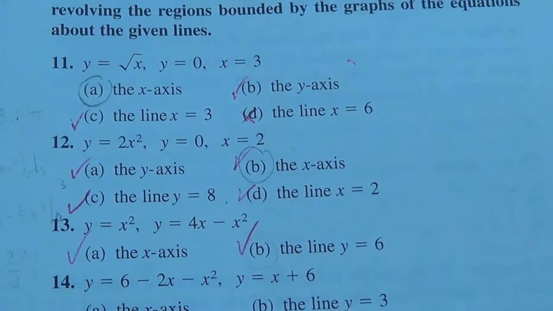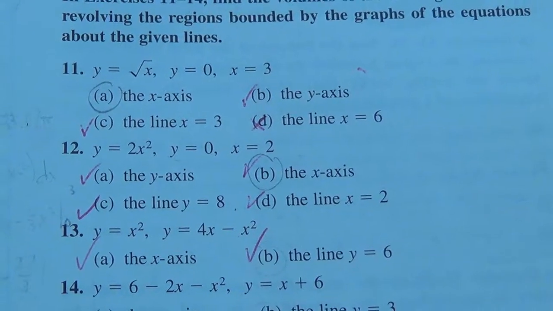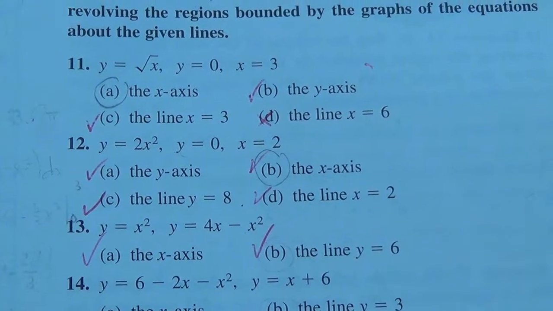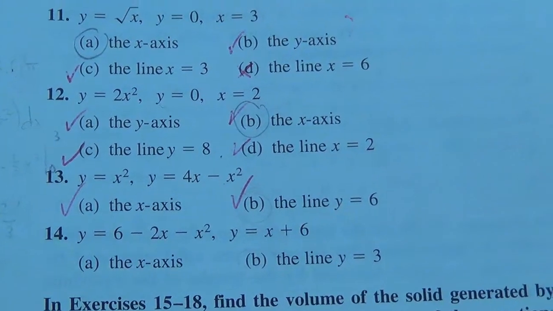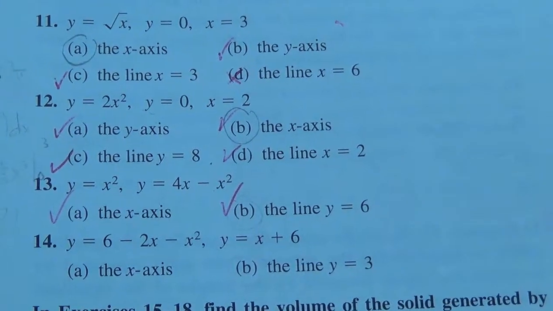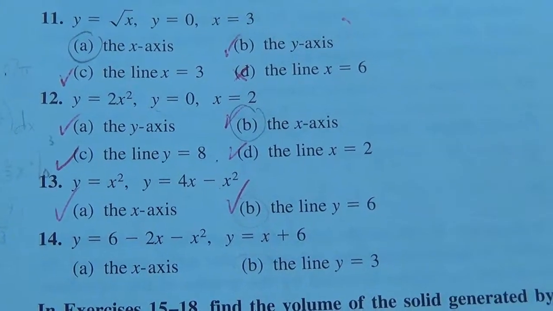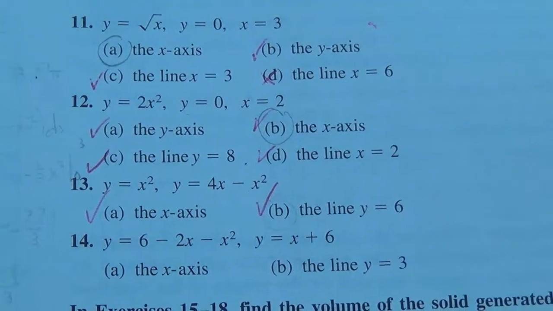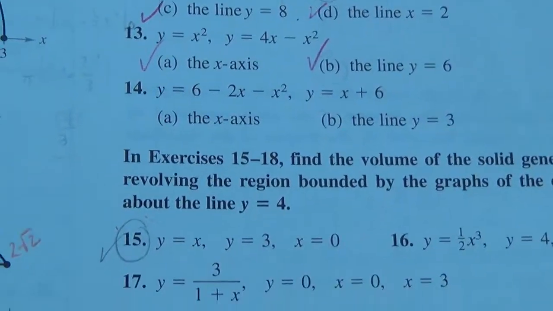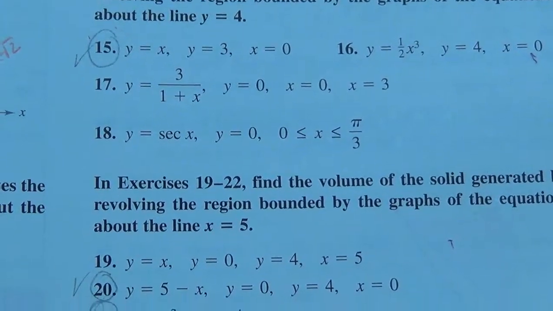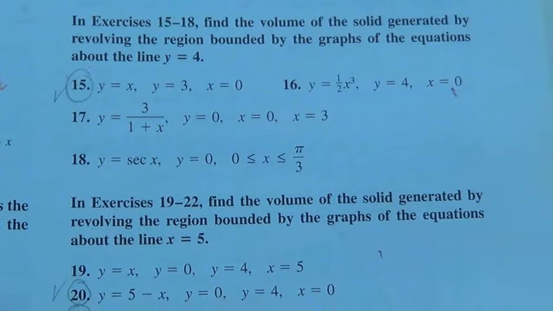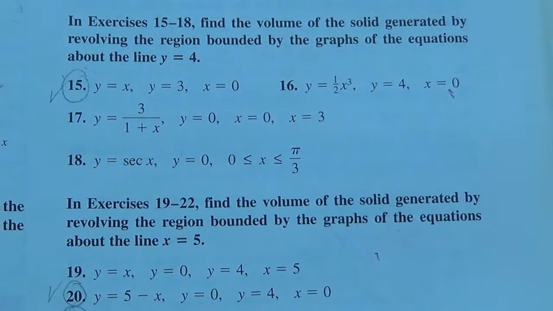It's 11, B and C. They kind of have red checks on them. 12, A, B, C, and D. 13, A and B. 14, A and B. And I promised I was going to add 17 and 19, which are down here. You need the directions for 17 and 19.